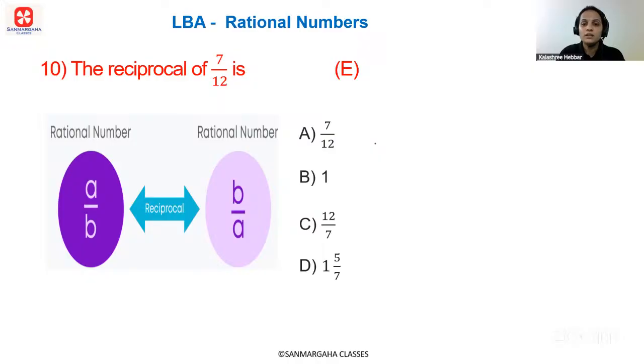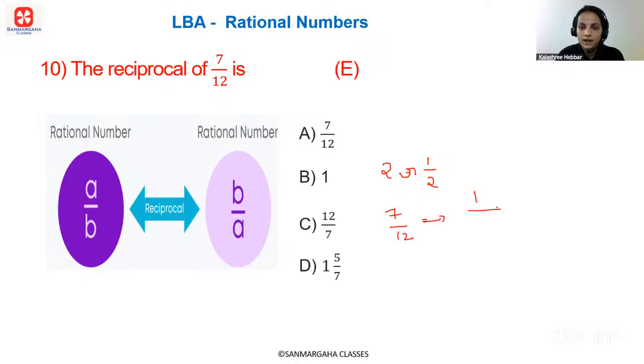1 divided by that number is the reciprocal of that number. For example, if you have the number 2, 1 divided by that number is its reciprocal. Now we have 7 by 12, and we need its reciprocal.